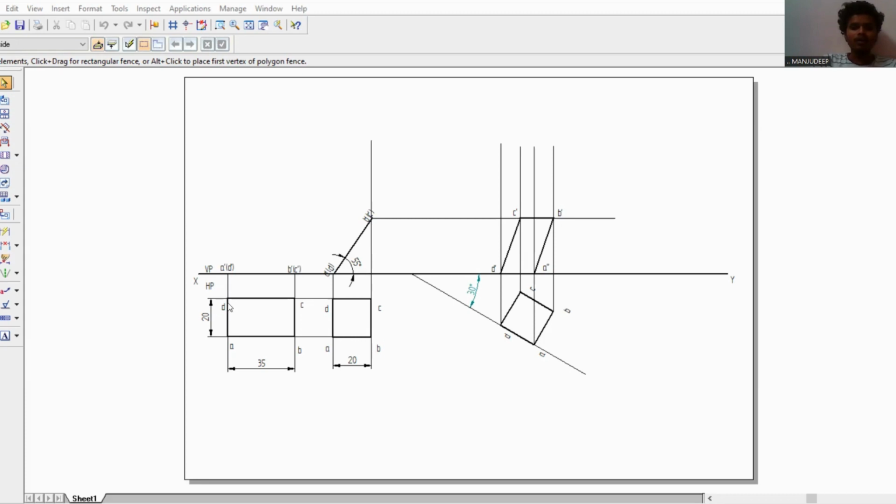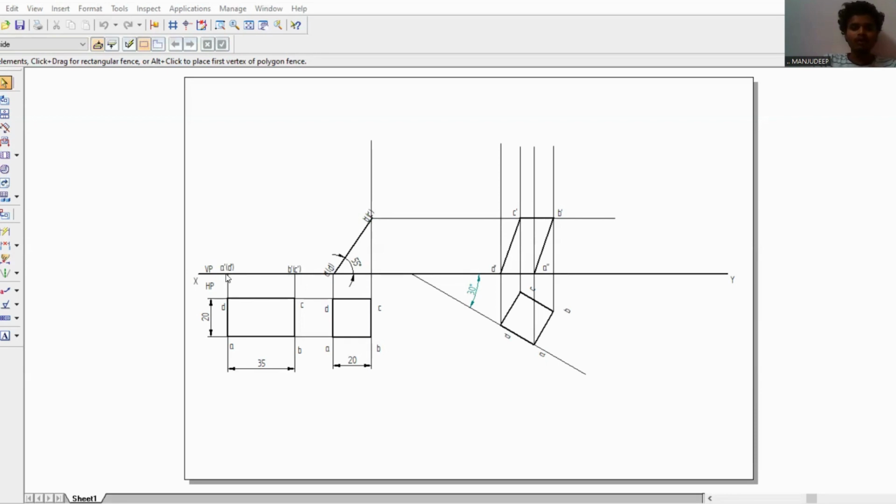Now draw the projection lines to this rectangle as A dash, D dash in brackets, B dash, C dash in brackets. Here A dash, B dash, C dash and D dash are front views of the rectangle ABCD, and D dash and C dash are written in brackets because they cannot be seen in the front view.